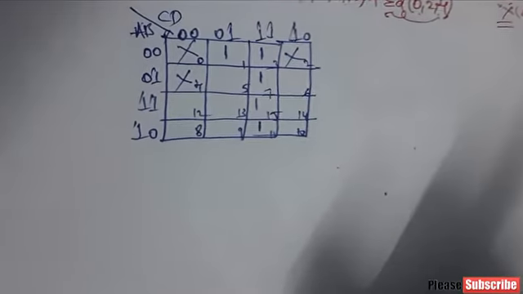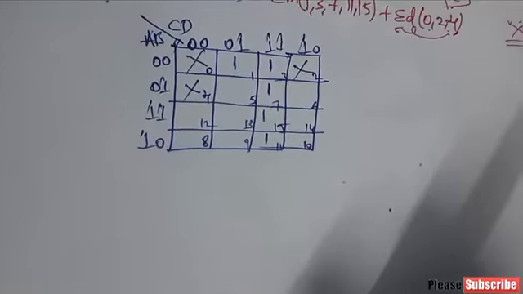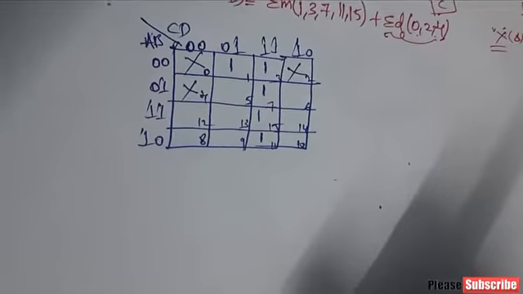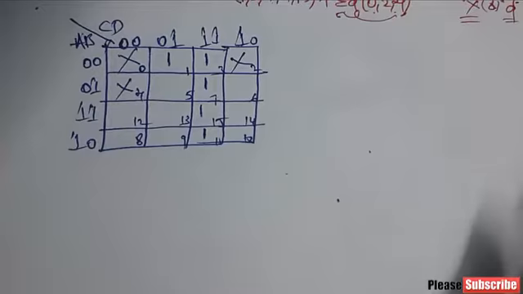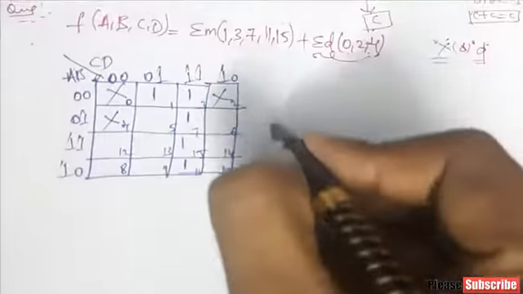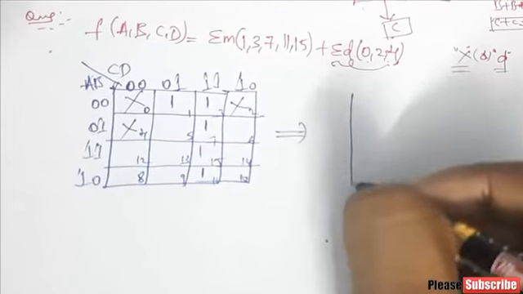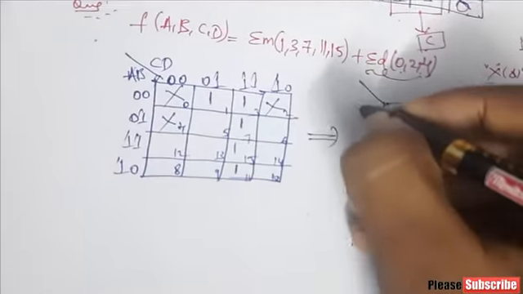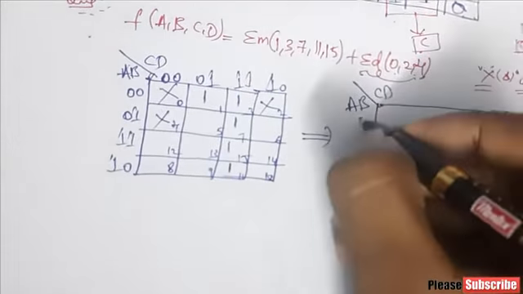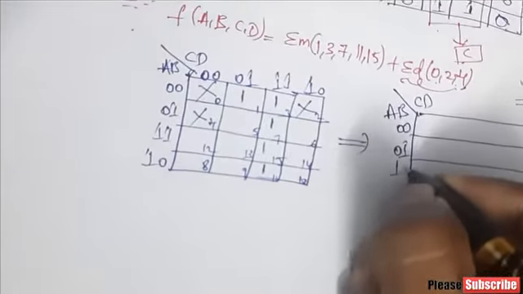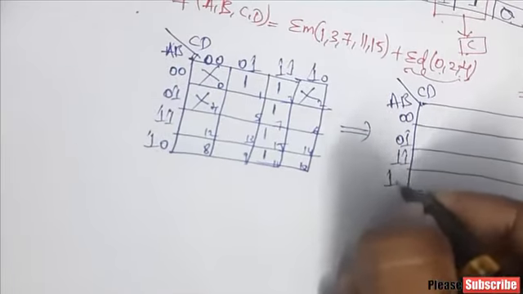Let's see, by our convenience we can take the POS form or SOP form. Here, by taking the don't care conditions either high or low, this will be the A, B, C, D, 0, 0, 0, 1, 1, 1, 1, 0.